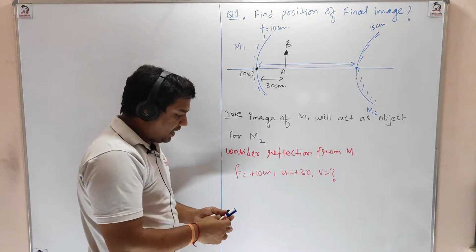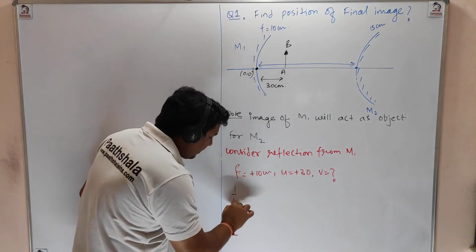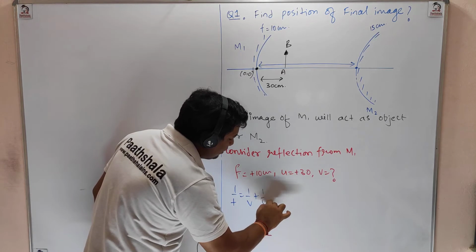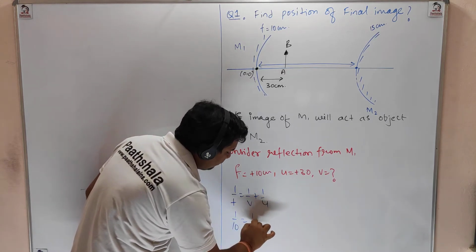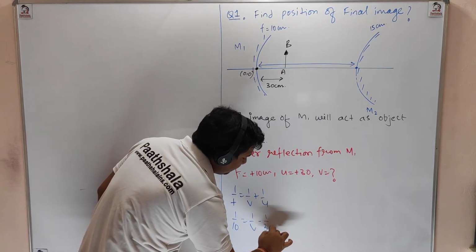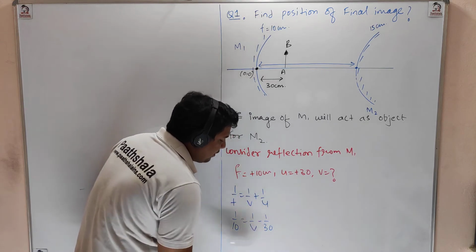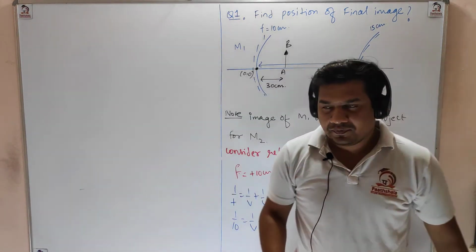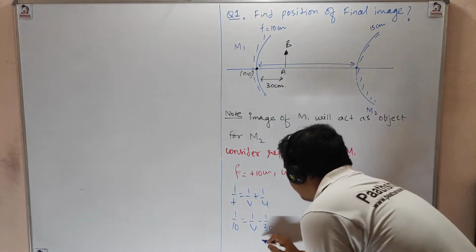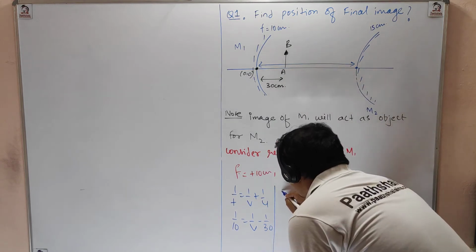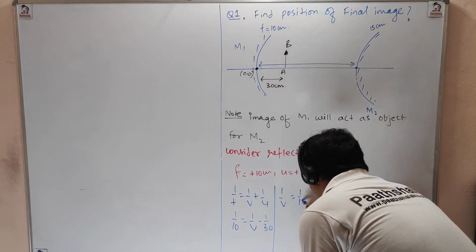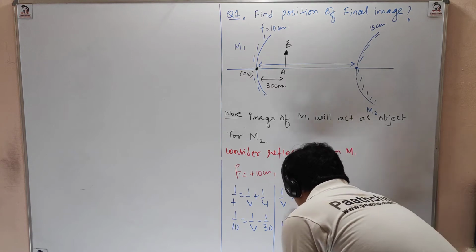Let's apply the mirror formula. 1 by f is equal to 1 by v plus 1 by u. 1 by 10 is equal to 1 by v minus 1 by 30. Let's try to find v. 1 by v is equal to 1 by 10 plus 1 by 30.